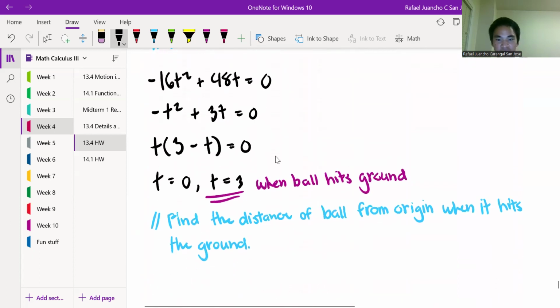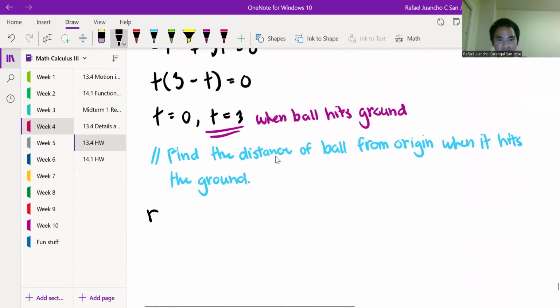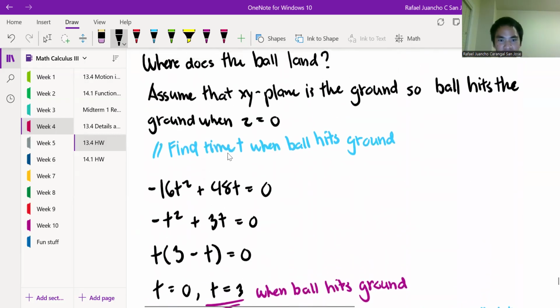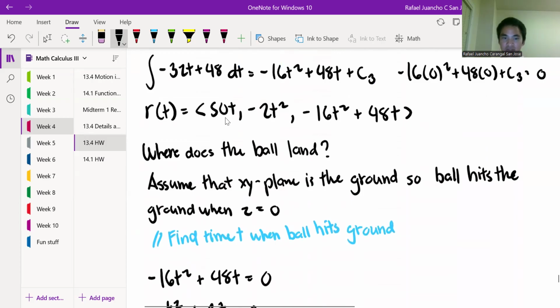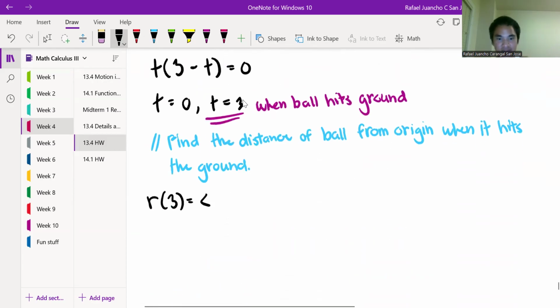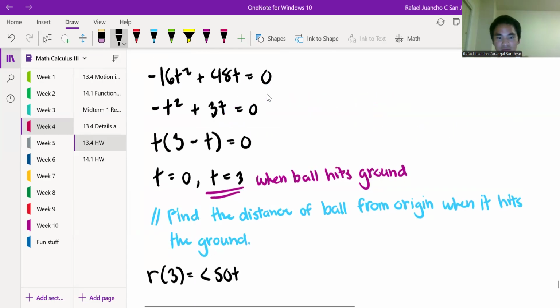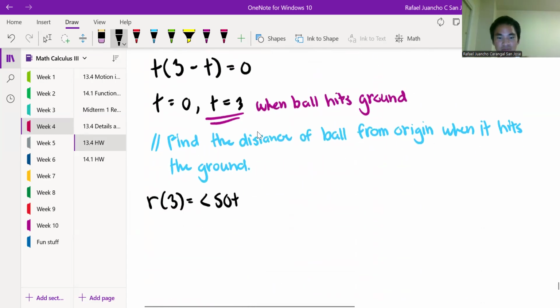So let me use my position vector. At r of 3, I get what? Let me just manually compute this. So I get 50 times 3, I get 150. Let's make it complete. We say 50t, I'm assuming, oh no, it's not squared. Okay.